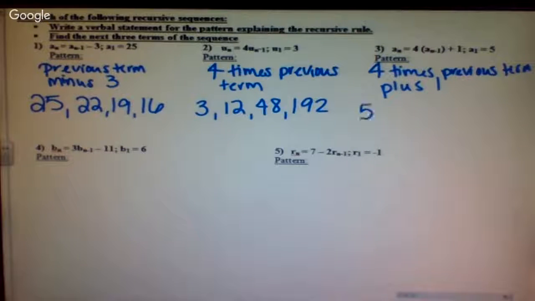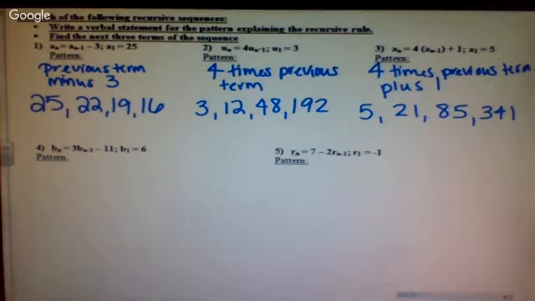Okay, so if I start at 5, 21, 85, 341. Fantastic.